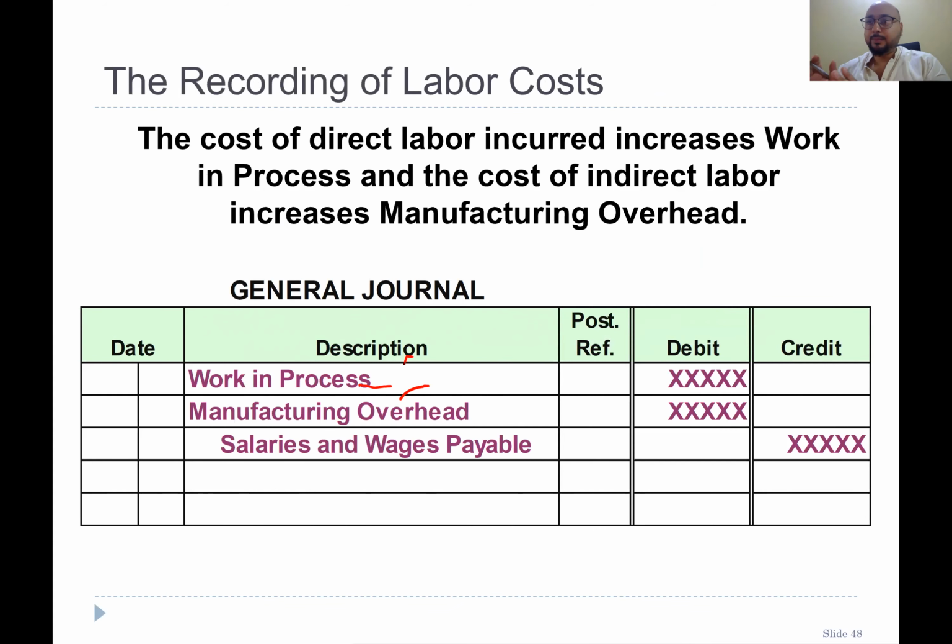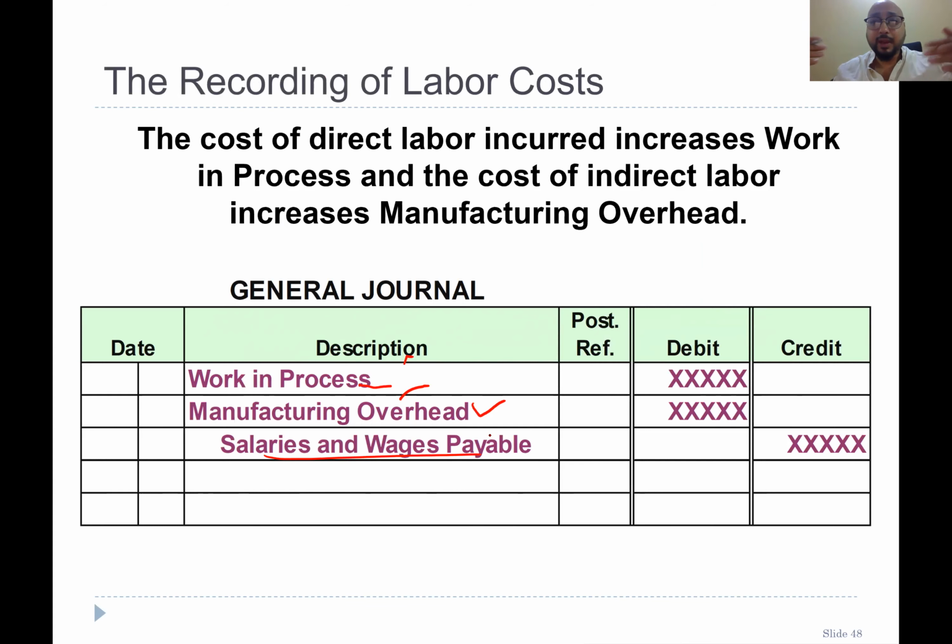Part of the salaries that we cannot trace, like watchguard salaries, supervisor salaries, right? They are manufacturing overhead because we cannot trace them easily. So that also increases our manufacturing overhead. Since the nature of salaries and wages payable is liabilities, we charge it to liability, right?